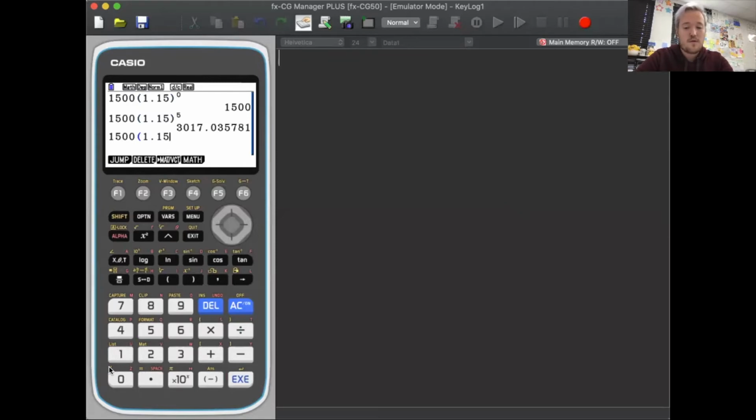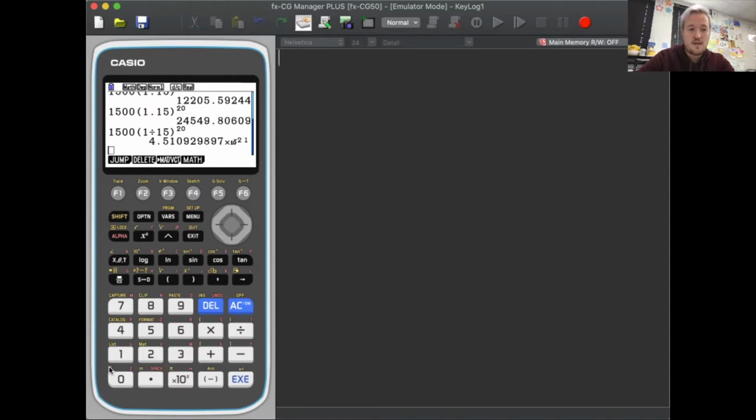Then 1,500 times 1.15 raised to the, what was the next one? 15. So $12,205. It works either way, whichever method you want to do. There's the next one, 5, and raised to the 20.